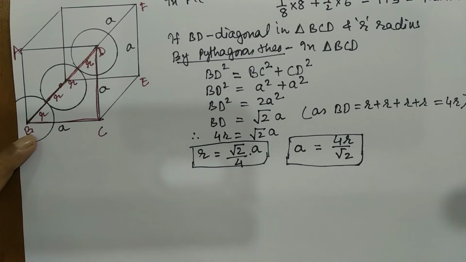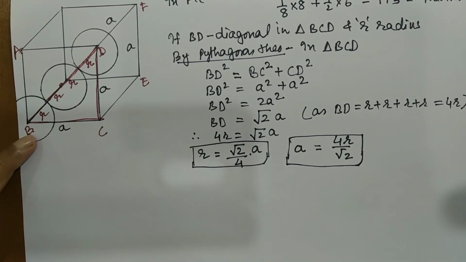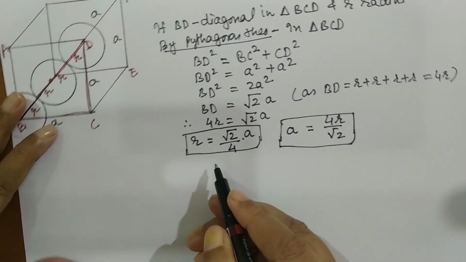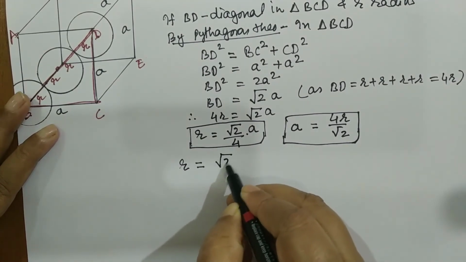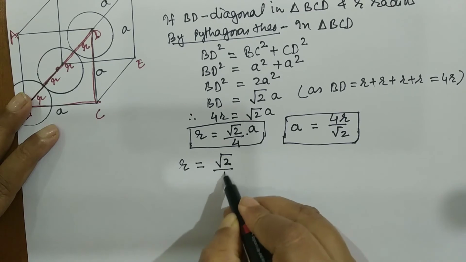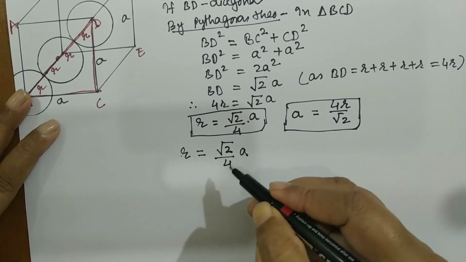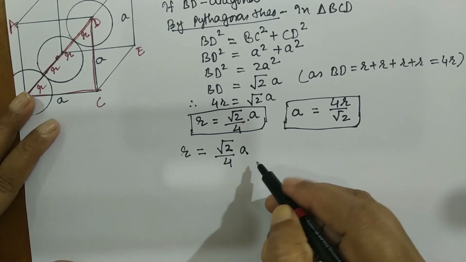Students, it is always better if I rearrange this equation here. So let us simplify this. R is equal to, so that we can continue. So R is equal to root 2 upon 4A. Now how I can simplify this? I will multiply by root 2 and root 2, so that I can simplify this.